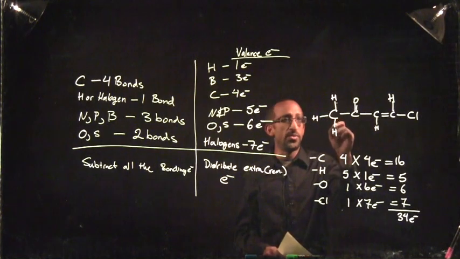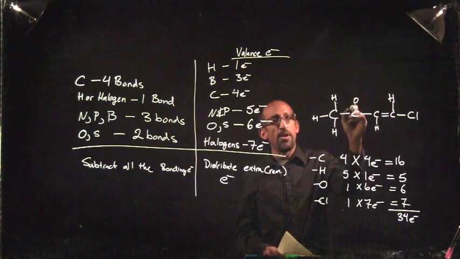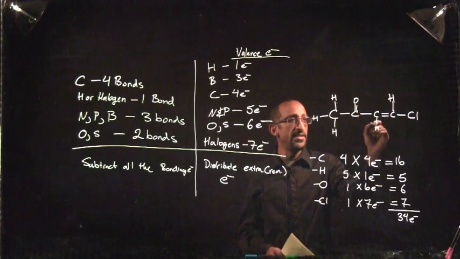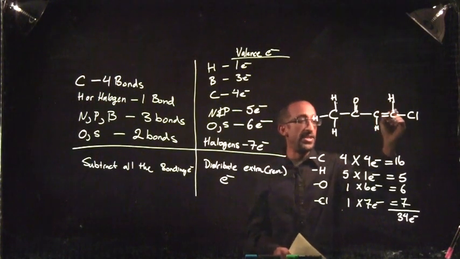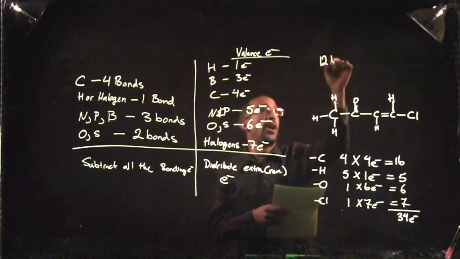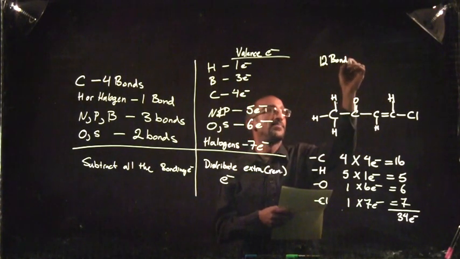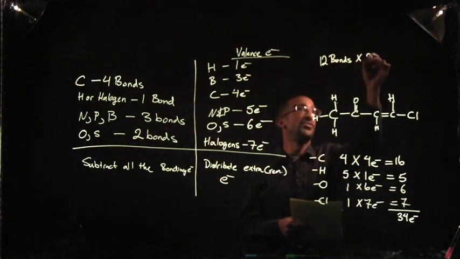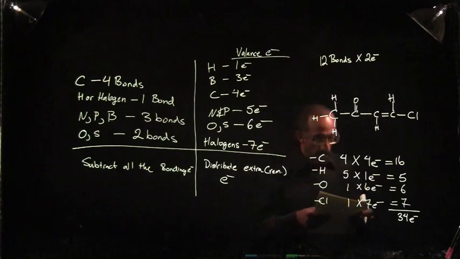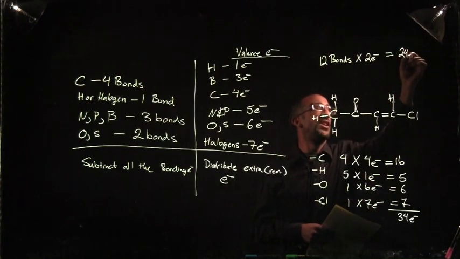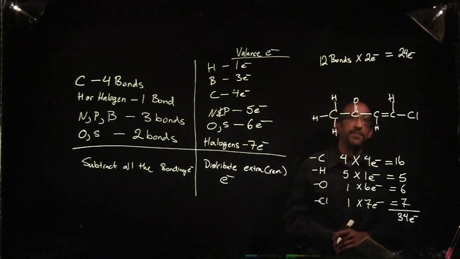1, 2, 3, 4. A double bond counts for 2, so that's 5 and 6, 7, 8, 9, 10, 11, 12. So that means I have 12 bonds. Each bond has 2 electrons in it, which means that I have 24 electrons that are being used in bonding.